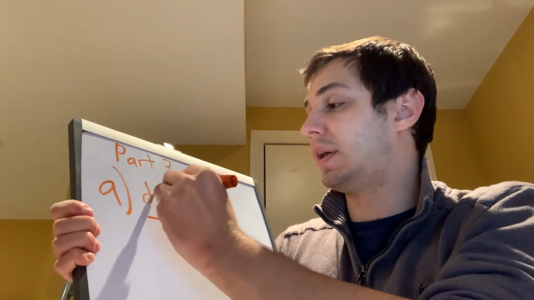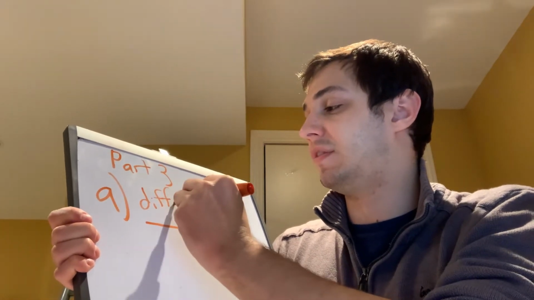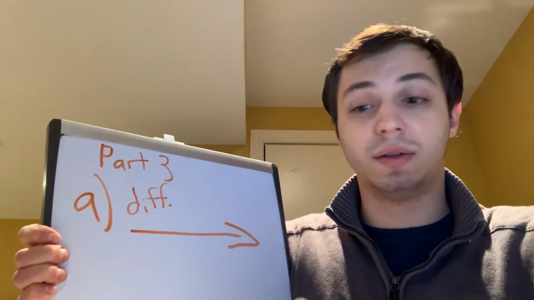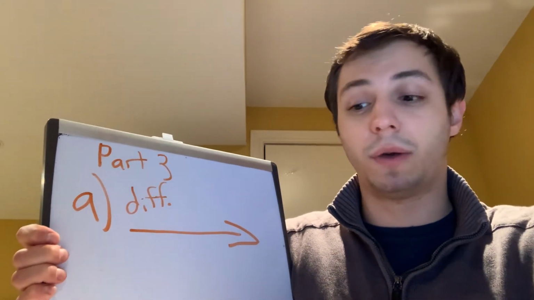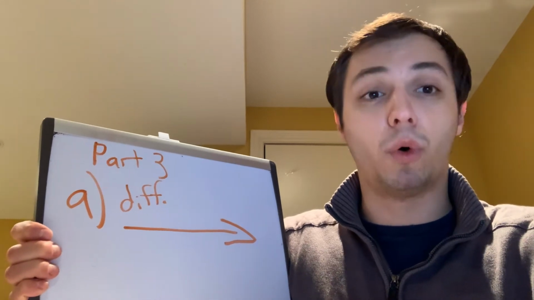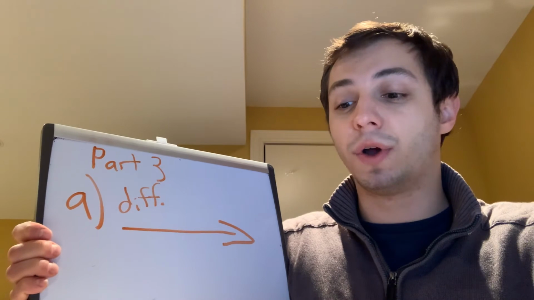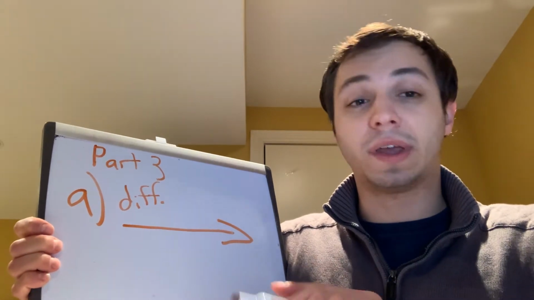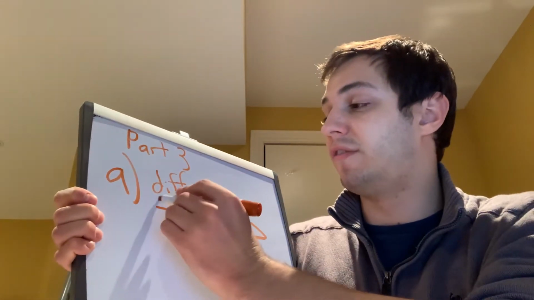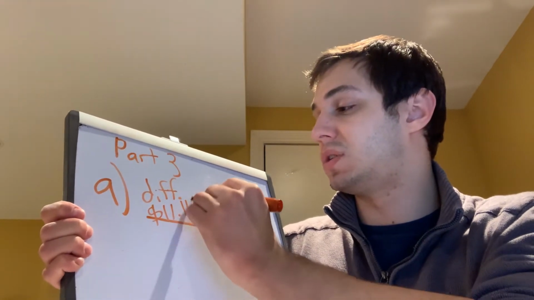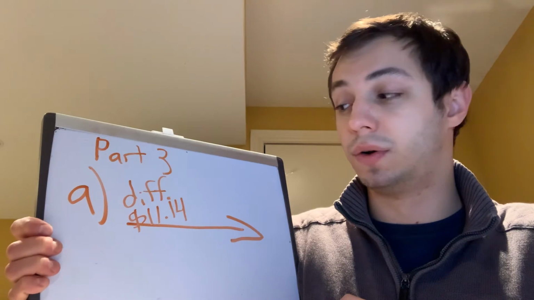So right at the beginning, I'm going to have to write my diff. And then always the number that is written right before that special word, right, the word more, is going to be our difference number. So if we look at the word right before the word more, our number is going to be $11.14. So this is going to be our difference number.